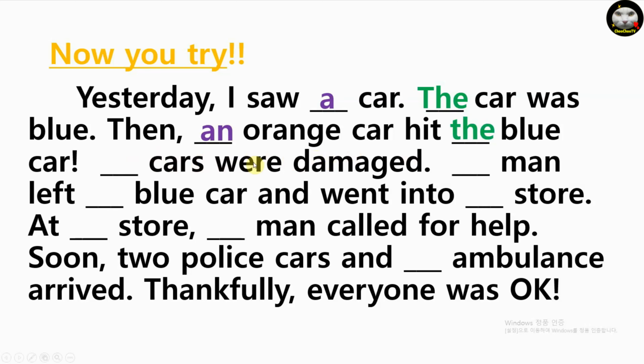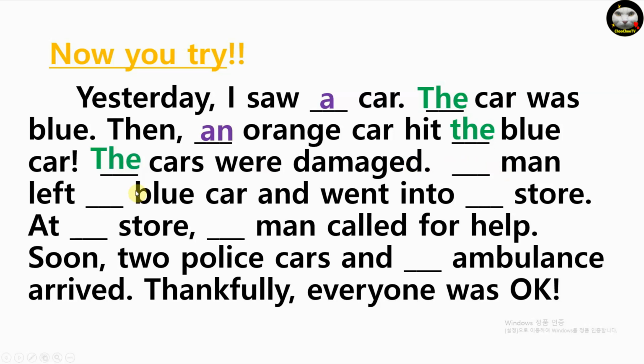Blank cars were damaged. We see that the noun car has an S. This means plural, more than one. We already have two cars in our story, so we apply article the: the cars. Same blue and orange cars were damaged.